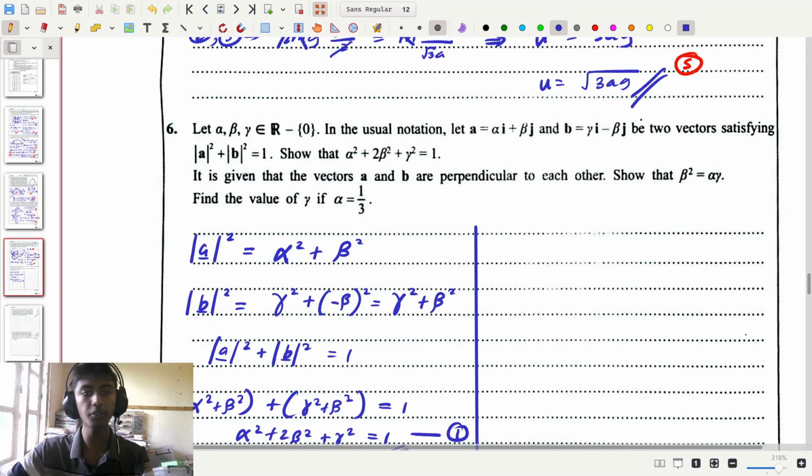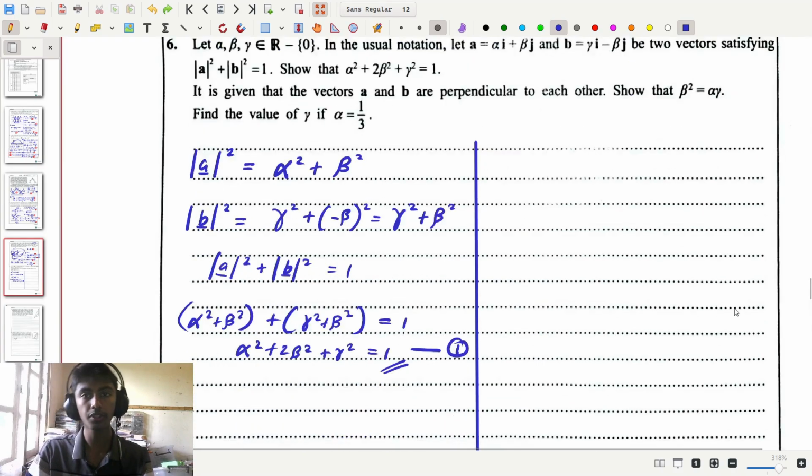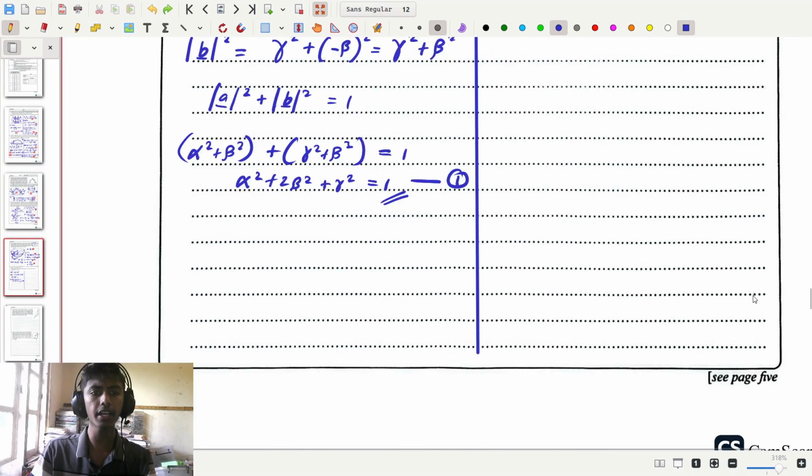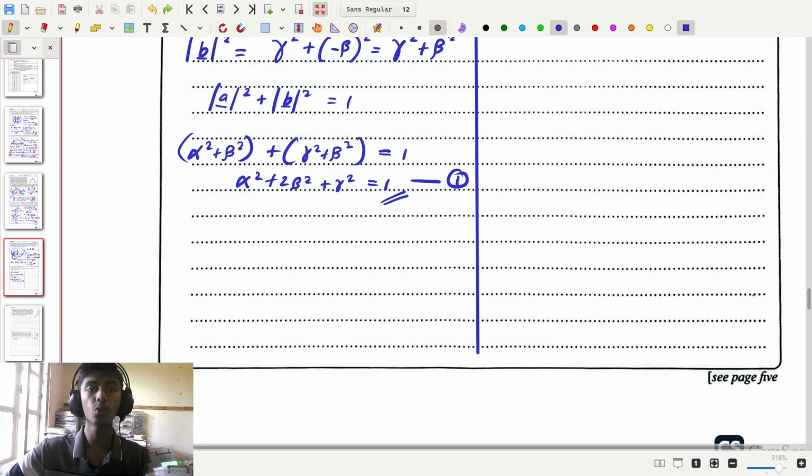So at this point, we've shown that alpha squared plus 2 beta squared plus gamma squared is equal to 1. Now for the next part of our question, we have that the vectors A vector and B vector are perpendicular to each other. So if two vectors A vector and B vector are perpendicular to each other, we know that the dot product is going to be equal to 0.